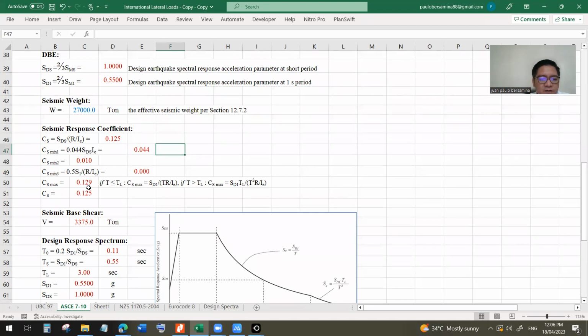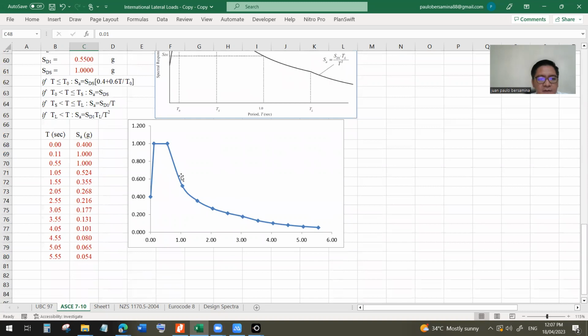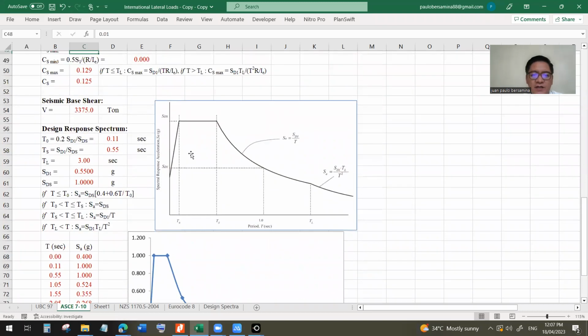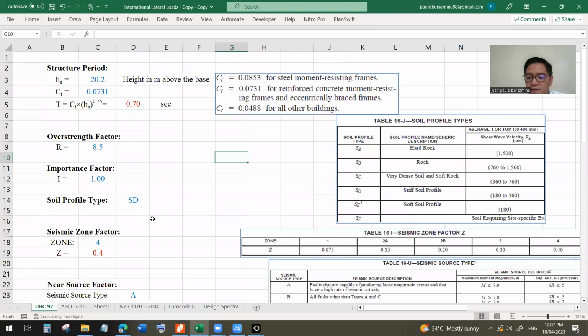Meron pang other formula. So, 2.129. Okay. So, concern ko lang muna yung response spectra and yung C sub S. Now, if you compare that with UBC, balikan natin ito, gawin natin 15 meters, 0.56, no?